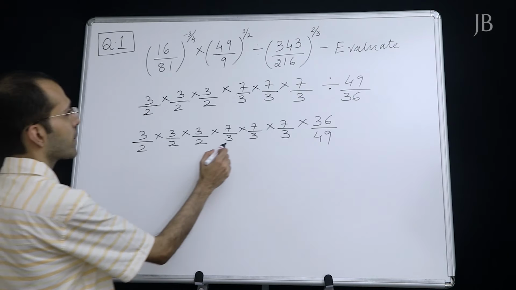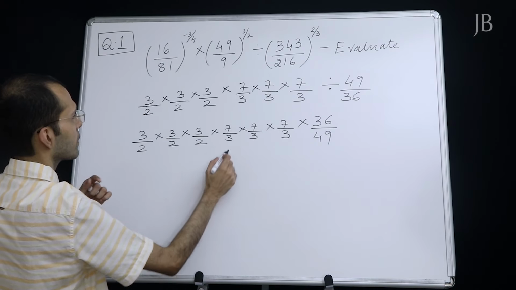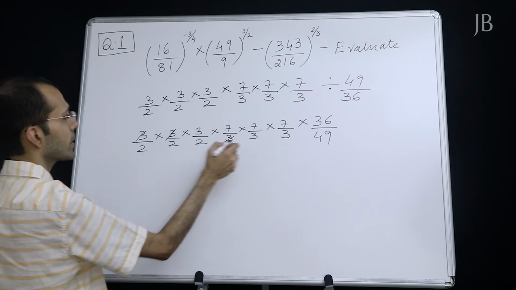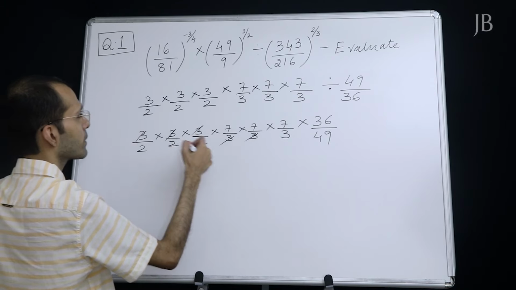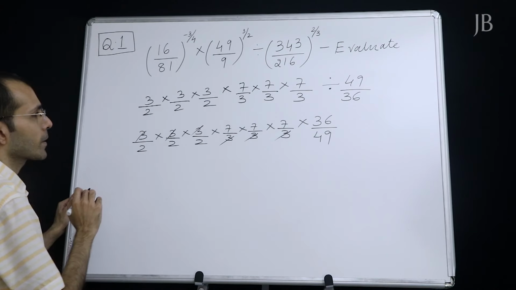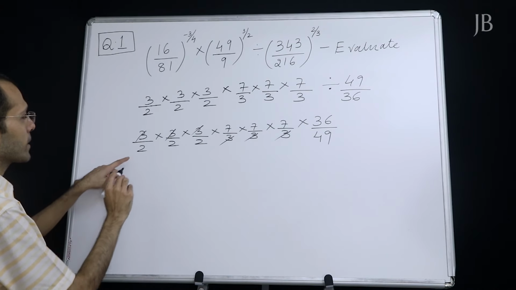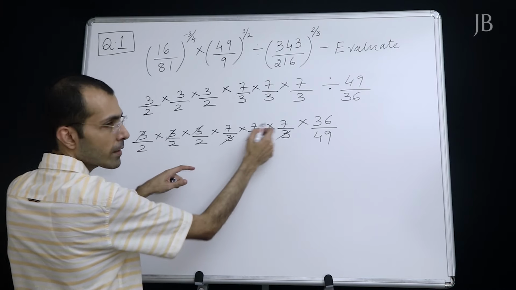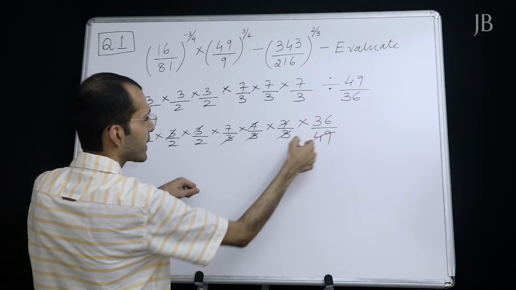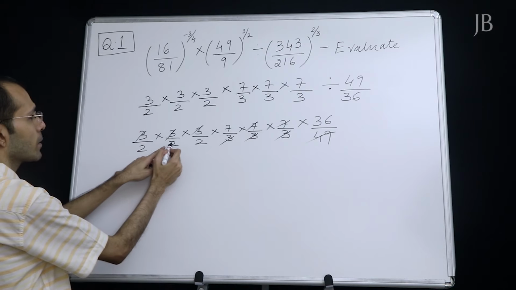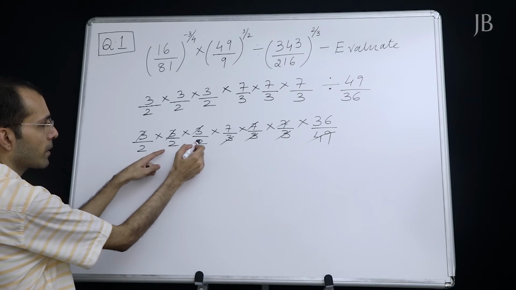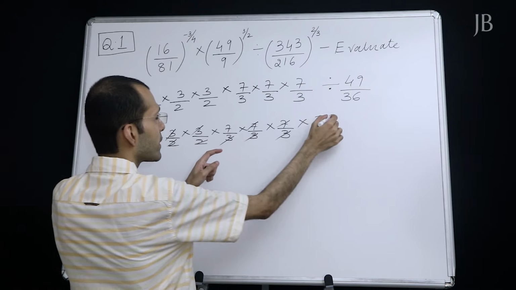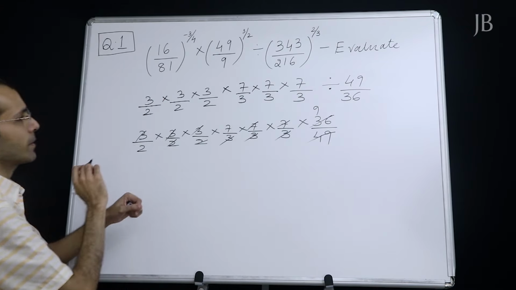Okay, this 3 will get cancelled with this 3. This 3 will get cancelled with this 3. This 3 with this 3. Now see, 7 into 7, 49 will get cancelled with this 49. 2 into 2, 4, 2 into 2, 4 will get cancelled with this 36, 9 times.